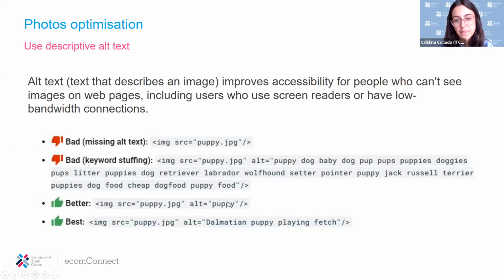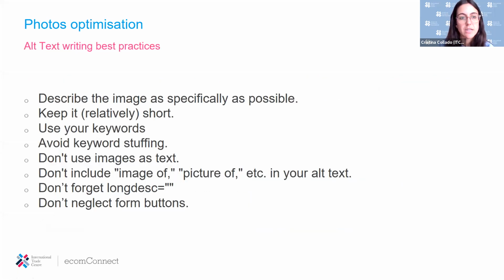We have puppy, but we could be a bit more concise, use a long tail keyword and make it a bit more precise. So instead of just writing puppy, we put Dalmatian puppy plays fetch, and it will help us in our search results.